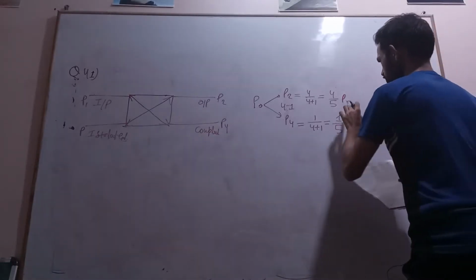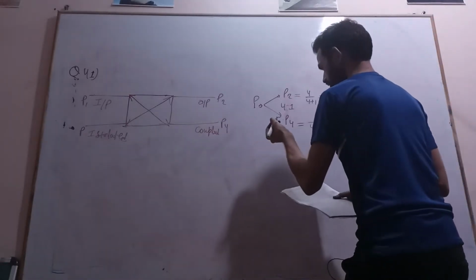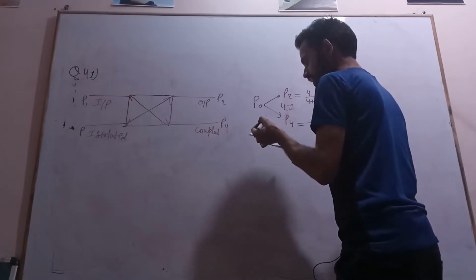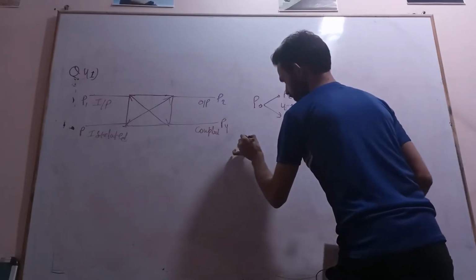After dissipation this is the remaining power, and it is given that the coupler directivity is 40 dB.